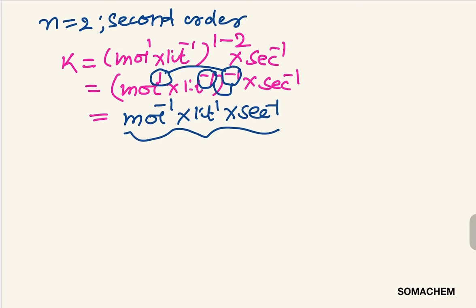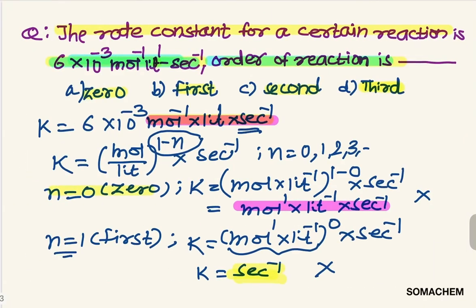This is the unit of rate constant in case of second order reaction. You can compare this unit with our problem. What is unit of rate constant in given problem? It is mole to the power minus 1, liter to the power 1, and second to the power minus 1.